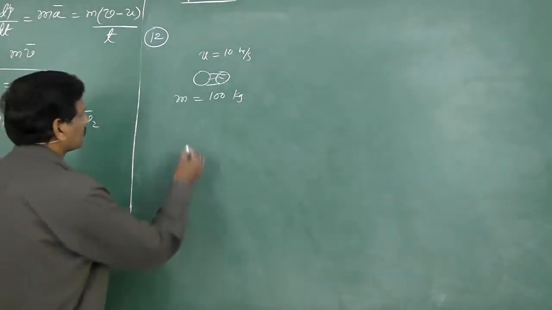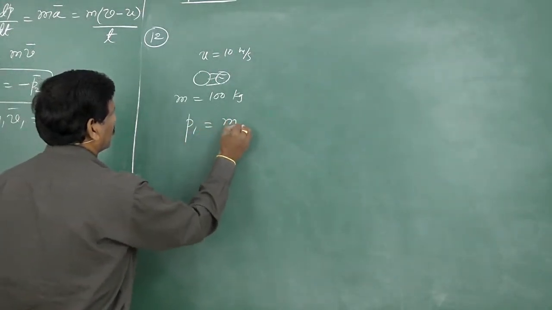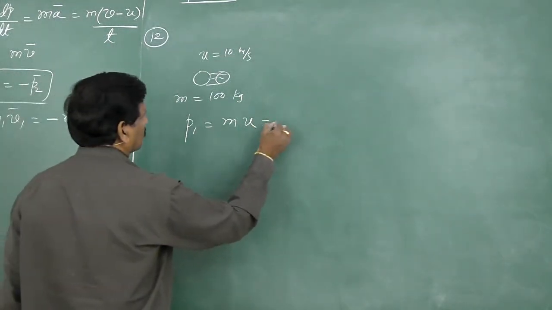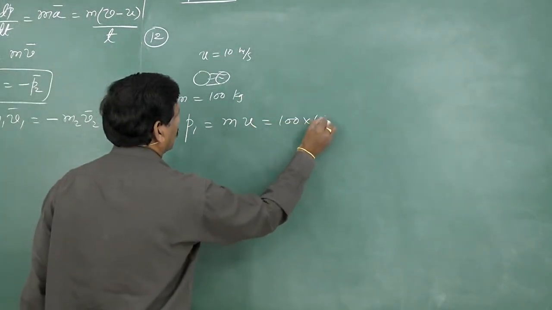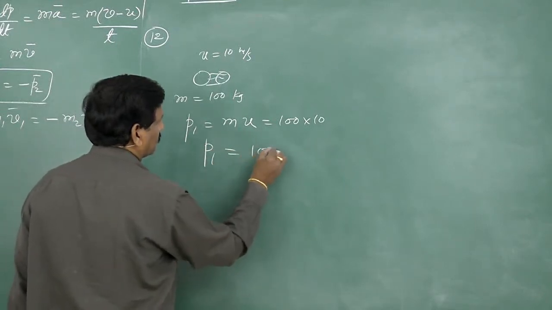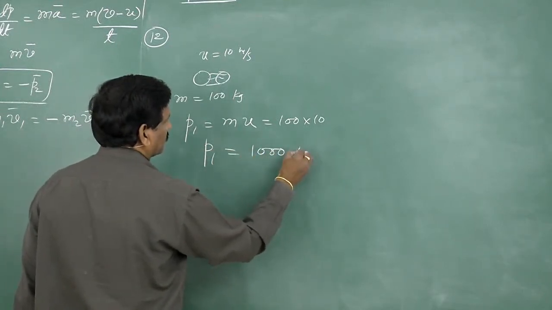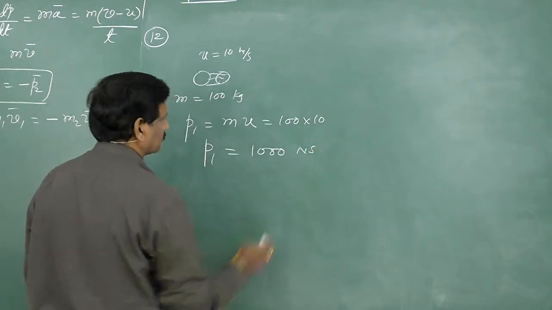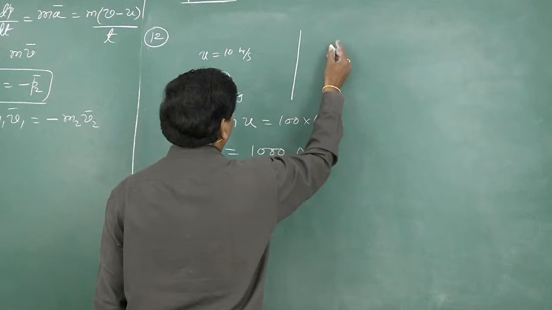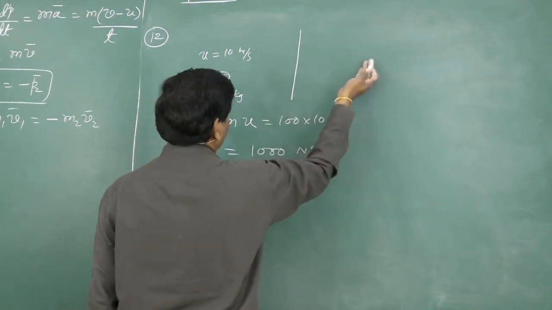Then its momentum is P1 equal to mu, mass into velocity. This is 100 into 10. So the initial momentum of the motor cycle is 1000 Newton second. Extra linear momentum is additional momentum.